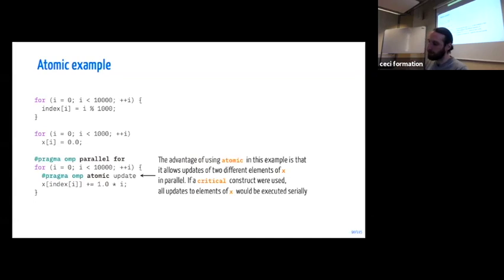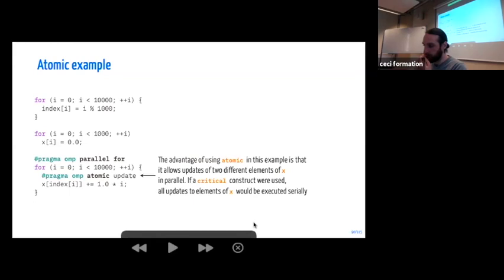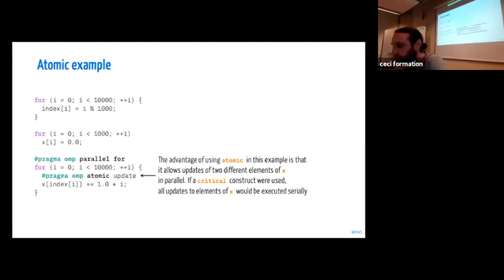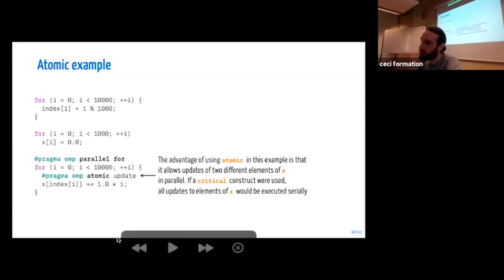While if we use a critical in this case, it means that even if we are not writing in the same location, all the threads will wait for one update to be finished. So it means that this code will perform very poorly and be even worse in parallel than if we do it in serial.